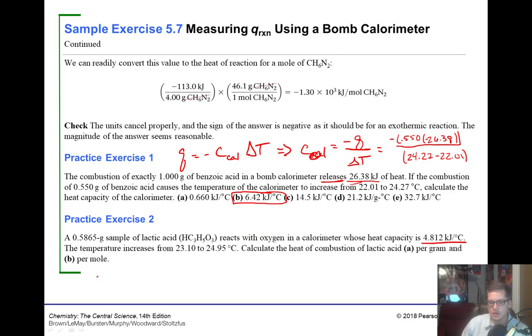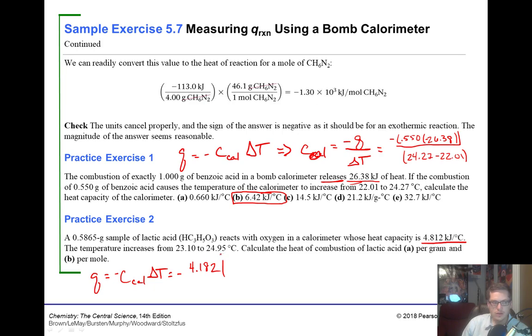This is easy. We know that Q is equal to negative C calorimeter times our change in temperature.